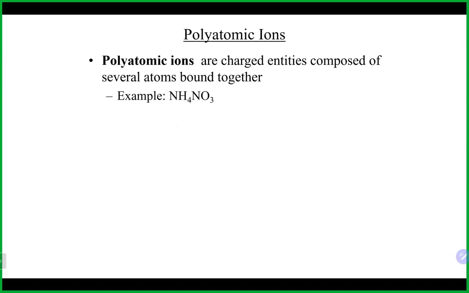If you look at NH4NO3, if you break it up right about there, you actually have two different polyatomic ions. This guy is NH4 plus, and this guy is NO3 minus. In this one, nitrogen and four hydrogens are all sharing electrons and bonded together.